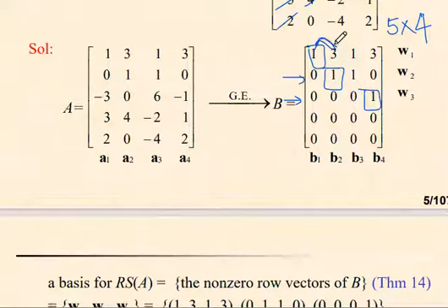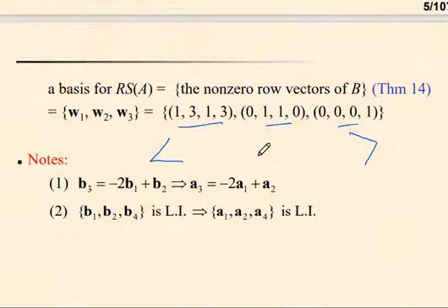Look at these three columns. So B3 column can be written in terms of B1 and B2. That means B1, B2, B3 vectors are linearly dependent. This is the relationship here.